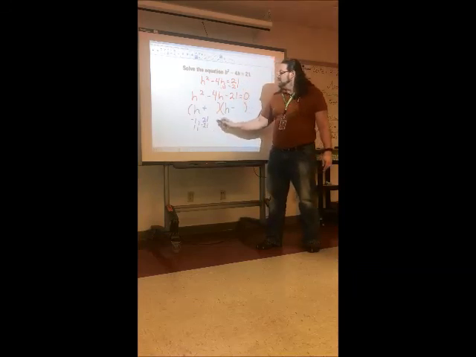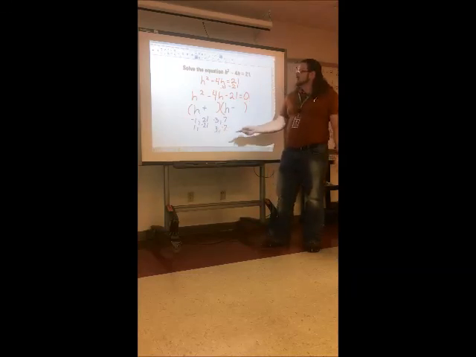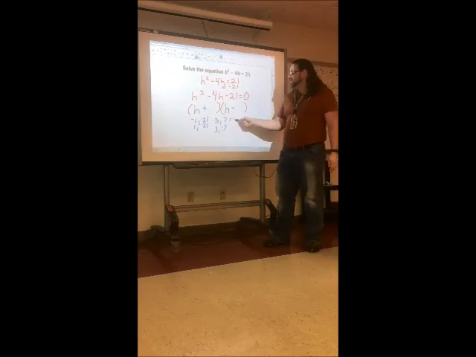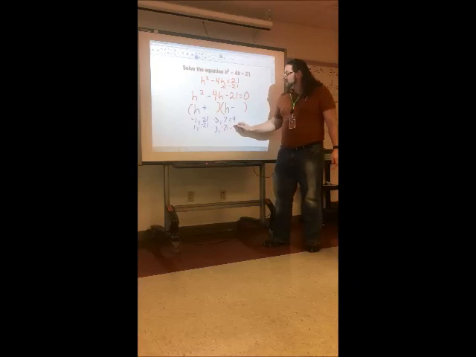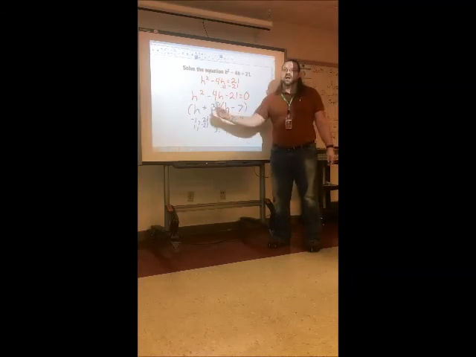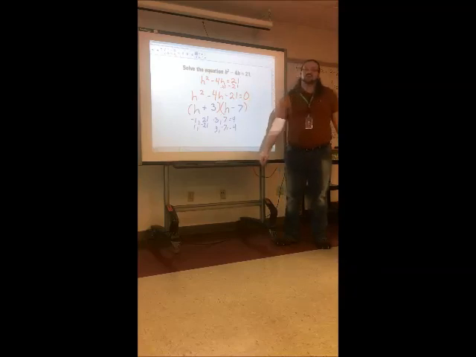I've got 3 and 7, negative 3 and 7, 3, negative 7. And I'm just going to stop right there because I know when I add negative 3 plus 7, I get positive 4, but I need negative 4. So I add these together, gives me negative 4. So my plus will be 3, my minus is 7, and that answer is solved. Okay? Good luck, guys, on the rest of the problems.